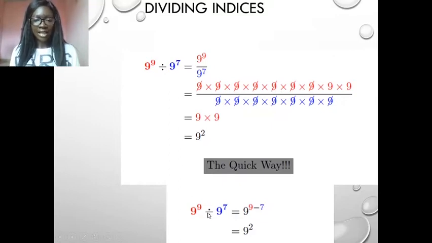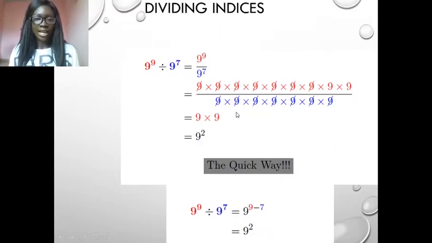So you can see we just pick the base 9 and subtract the power. 9 to the power of 9 minus 7. 9 minus 7 is 2. And this equals 9 squared, or 9 to the power of 2.